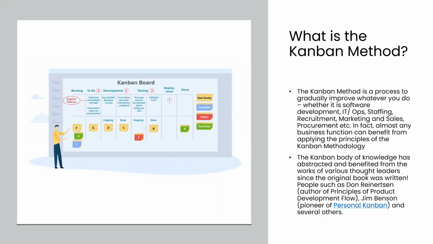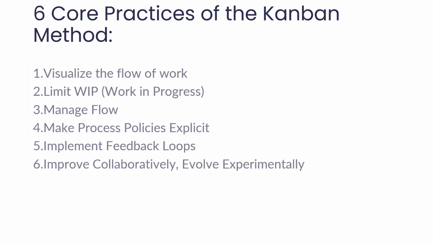Visualize the flow of work in terms of having the board. Visualize whatever the workflow is, what is started, what is in progress, what is done. Visualize that flow on a board. Literally on a whiteboard they will be writing with a marker, and it will be placed nearby the people where the team sits.